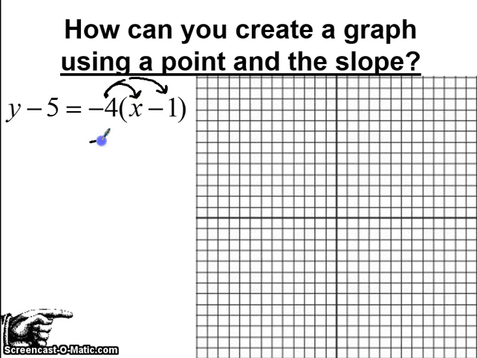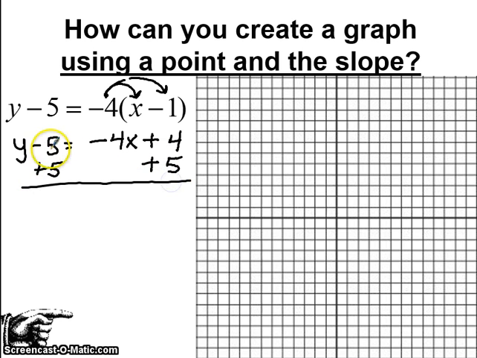Negative 4 times x would be negative 4x, and negative 4 times negative 1 is positive 4. So we get y minus 5 equals negative 4x plus 4. If we add 5 to each side, we will now be in slope intercept form with y equals negative 4x plus 9.